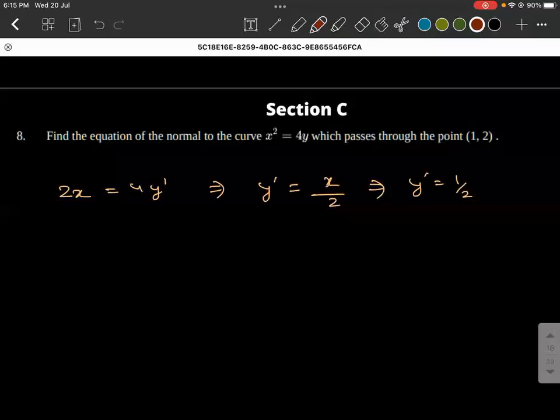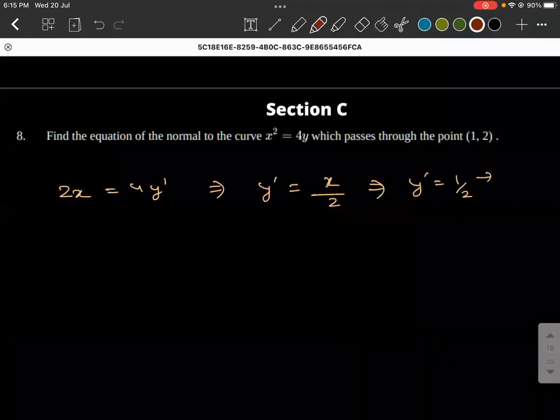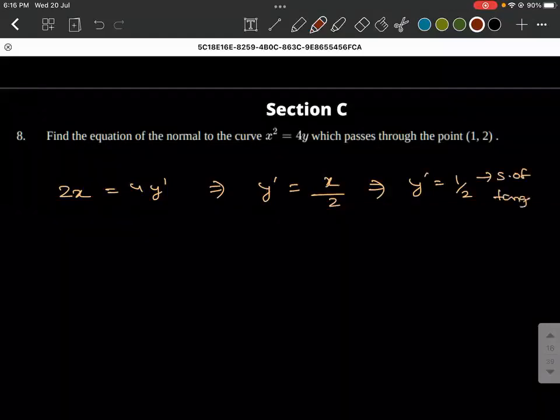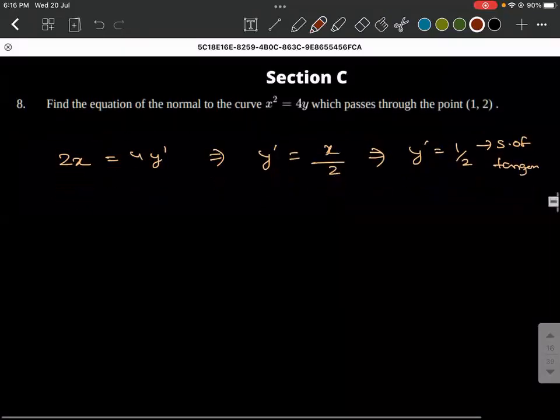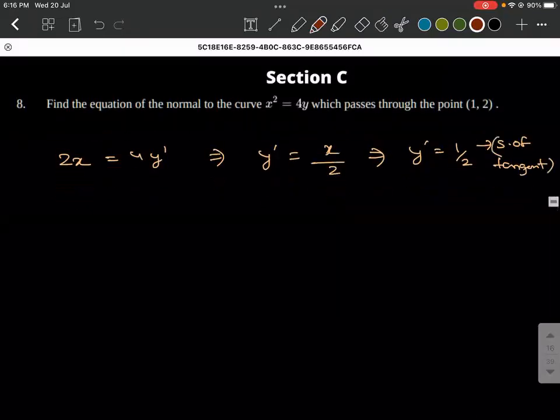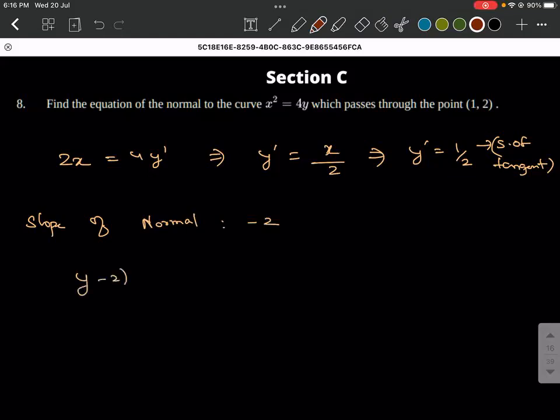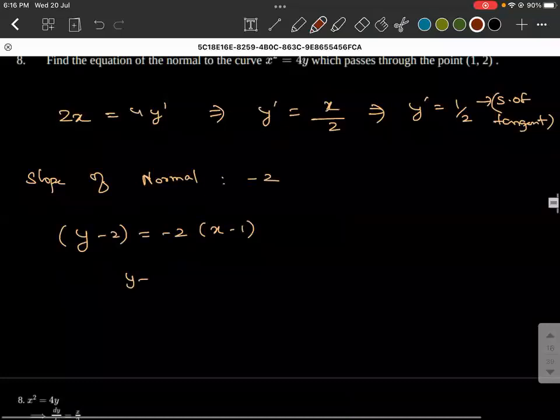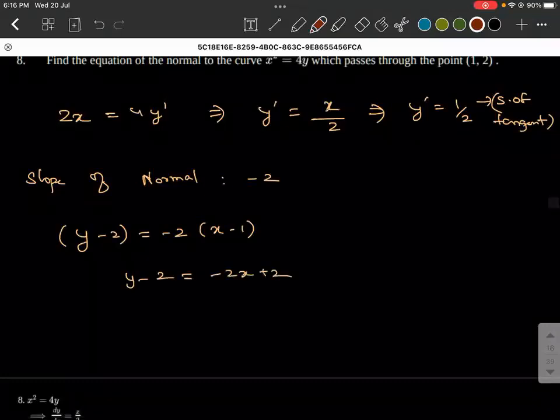This is the slope of the tangent. And what will be the slope of the normal? The slope of normal is -2. Then y minus y1 is equal to m into x minus x1. So y minus 2 is equal to minus 2 into x minus 1, so 2x plus y is equal to 4 is the answer.